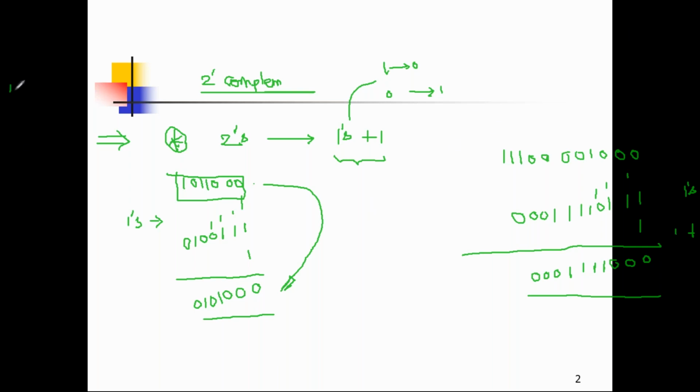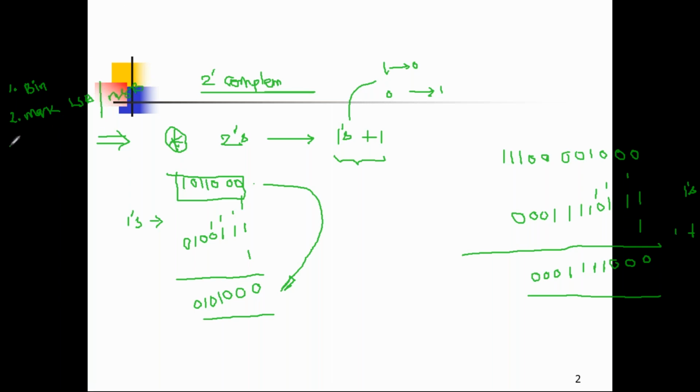The first step, take the given binary as it is, or the given number converted into binary. Then second step, mark LSB and MSB. You know what is meant by LSB? What is meant by MSB?